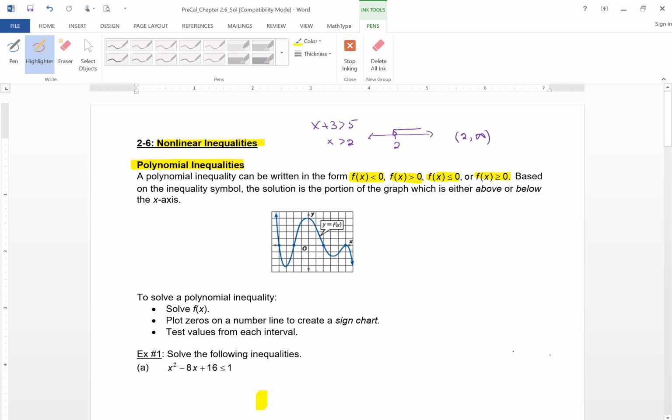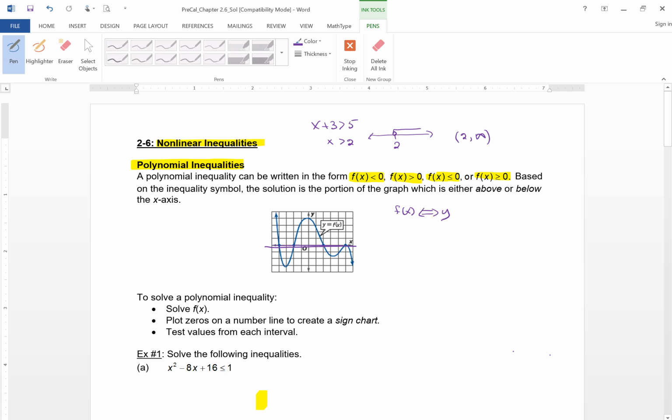Now, what does that mean conceptually, that f of x is greater than 0 or less than 0? Here, you have a function, f of x, and it's been graphed for you. Here is the x-axis. Now remember, f of x is another word for y.